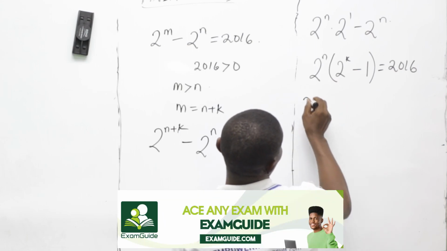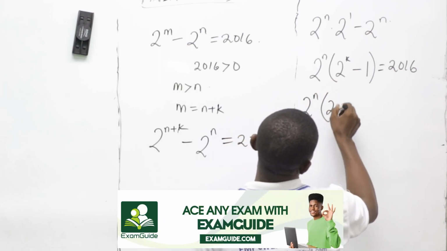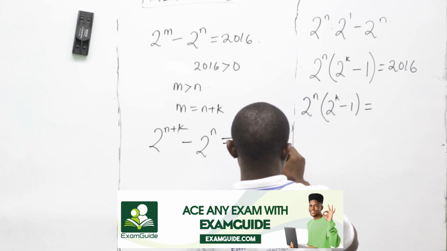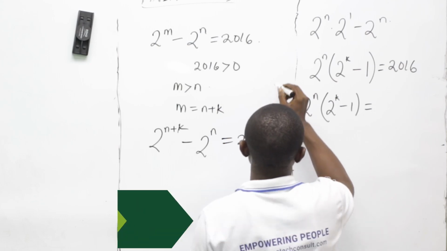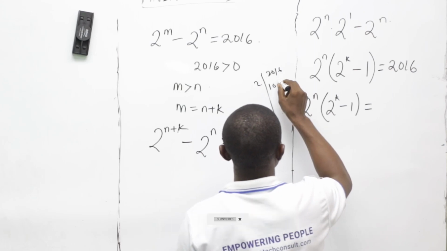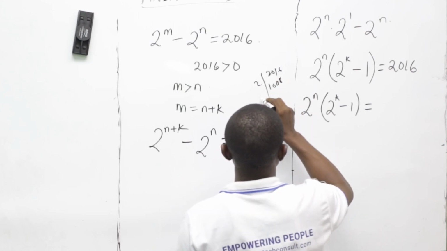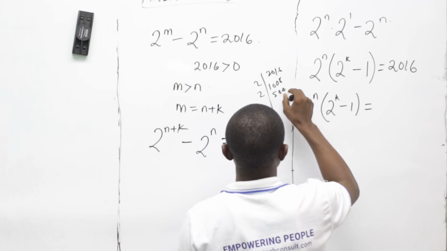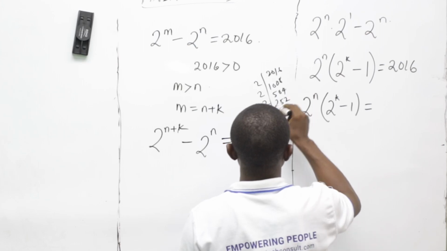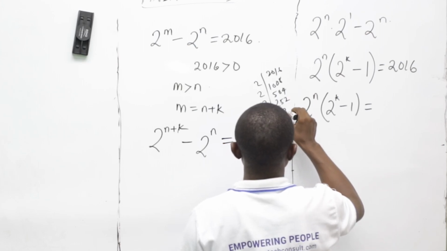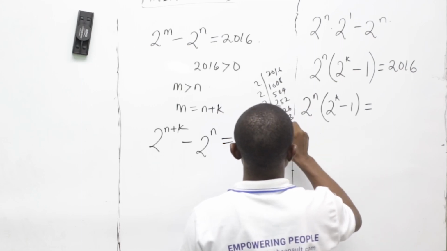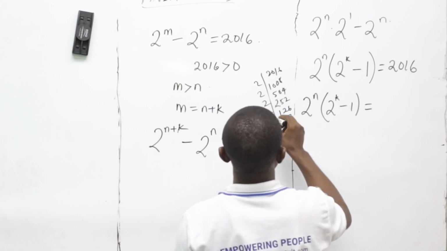So we're going to say that 2 to the n into 2 to the power k minus 1 equals 2016. Dividing by 2 repeatedly: 1008, 504, 252, 126, 63.